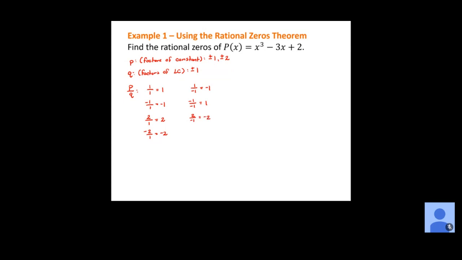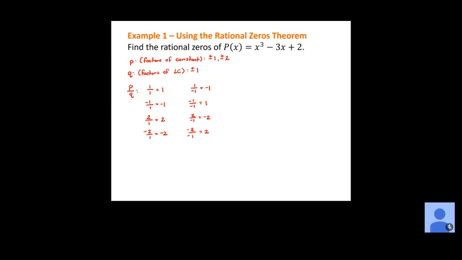That's -2. And we'll have -2 divided by -1. It's going to give us +2. So there's technically 8 combinations here, because we have 4 P values and 2 Q values. That's going to give us 8 different combinations of what we could divide.